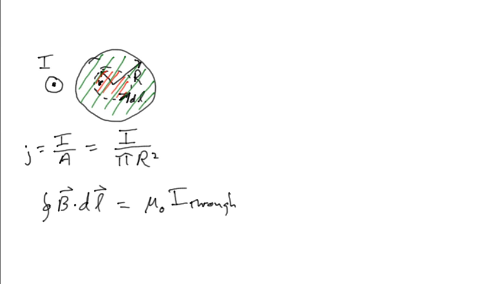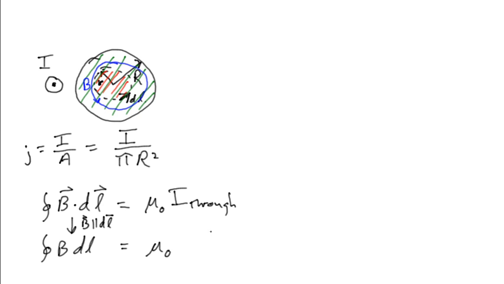So let's put B on there, centered on the center of the current distribution, and so B is going to be parallel to dl every step of the way. Parallel to dl makes it so that the dot product is just the product of the magnitudes.